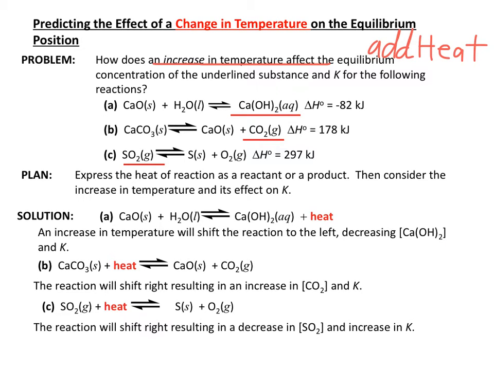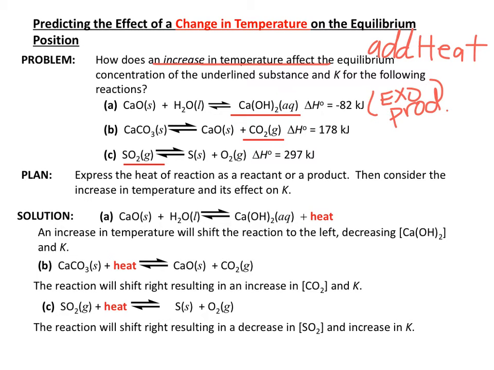In the first example, question A, calcium oxide plus water produces calcium hydroxide, and the delta H is given as minus 82 kilojoules, which means it's exothermic. And if it's exothermic, we're going to write it as a product.